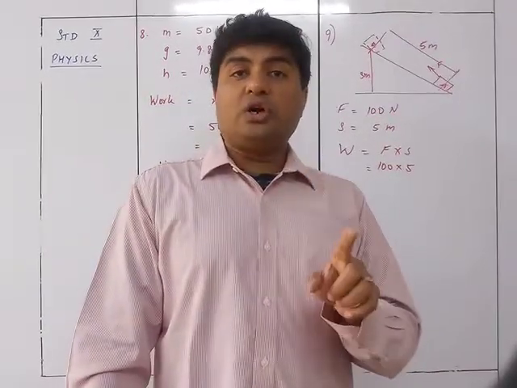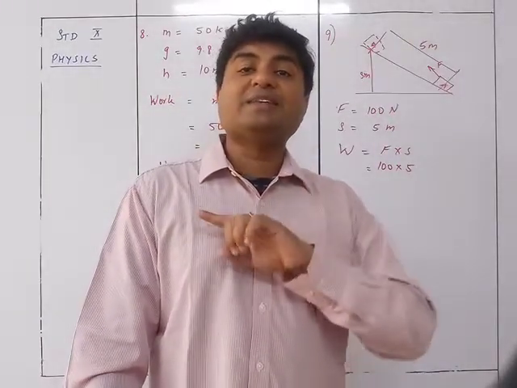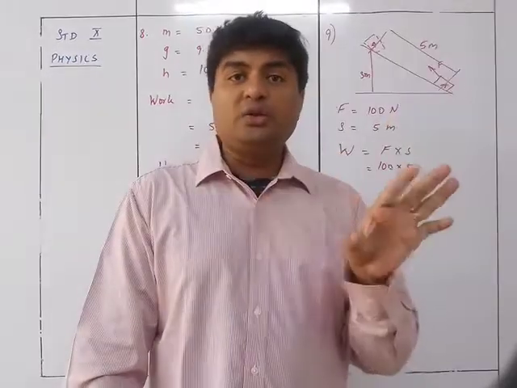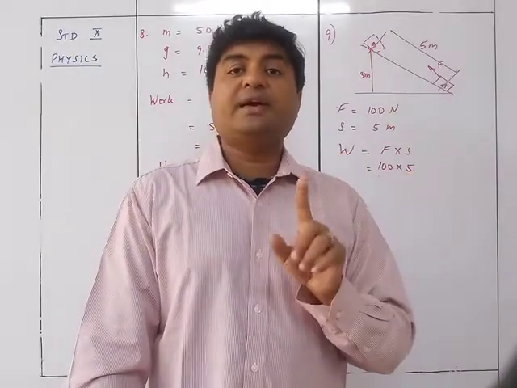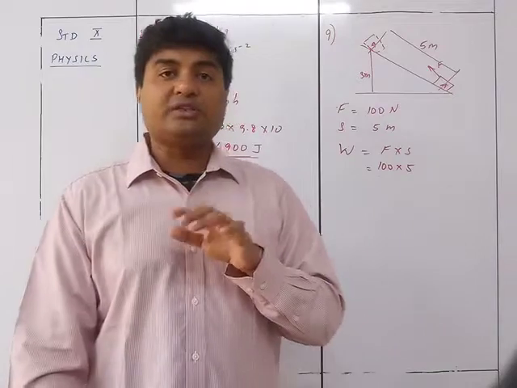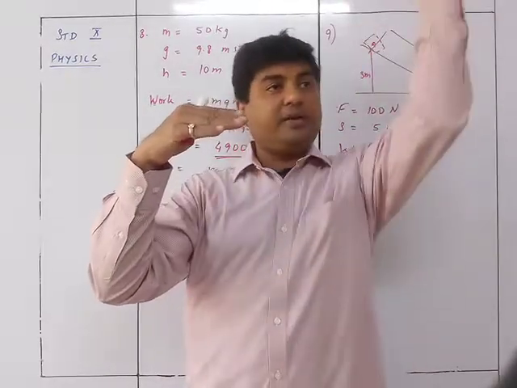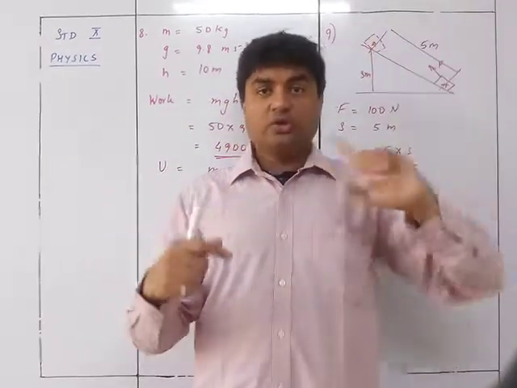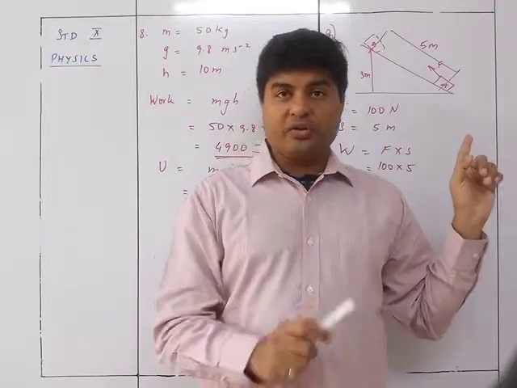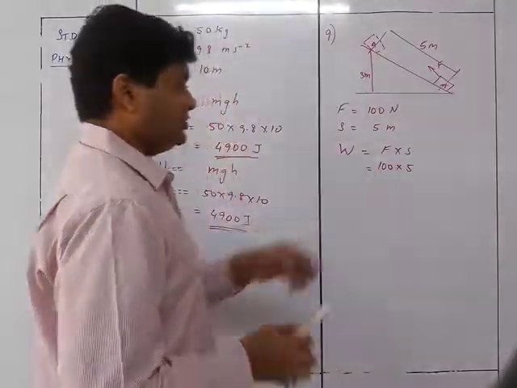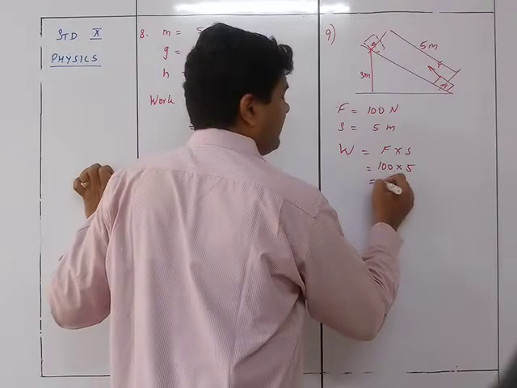If the force and the displacement are in the same line, then no theta is required. Theta will be required only if the force is in one direction and the displacement is in the other direction, right? So don't confuse yourself in this particular manner. Yeah, so this is nothing but 500 joule.